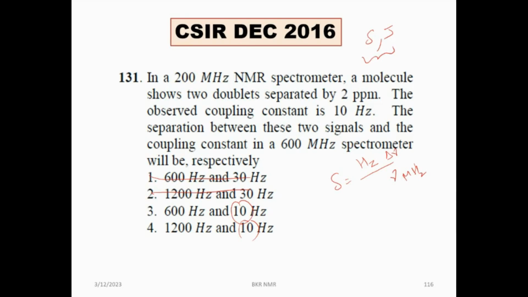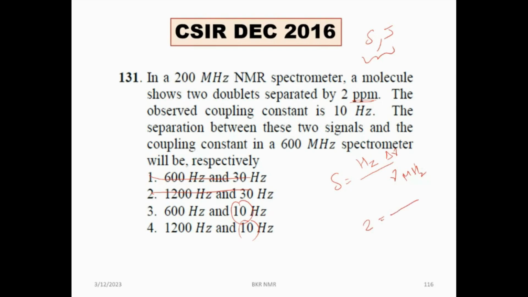Whichever instrument you record on, the chemical shift value will not change, and the coupling constant value will never change. So the delta value will not change. So this 2 is going to remain constant, the ppm value never changes, but the operating frequency is changing.